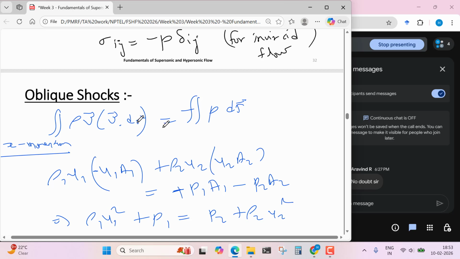Now we will first see the x momentum equation. We are considering only two surfaces, because the rest of the surfaces will have V·dS equal to 0. So for surface A, let me draw it.